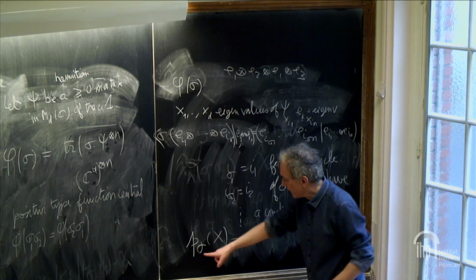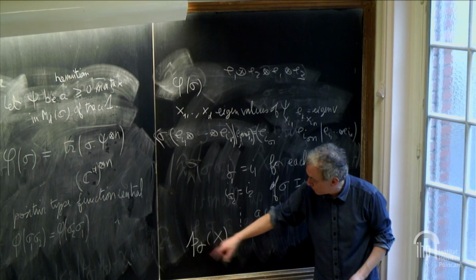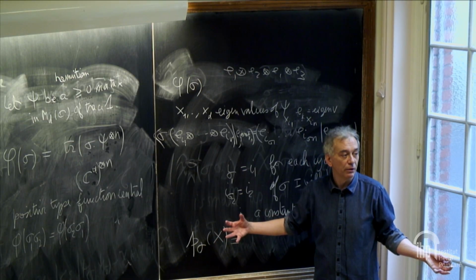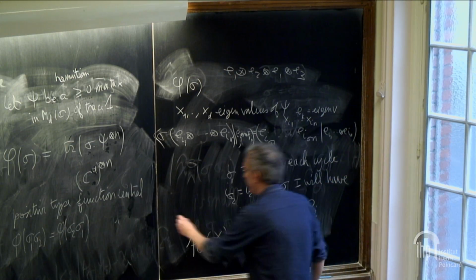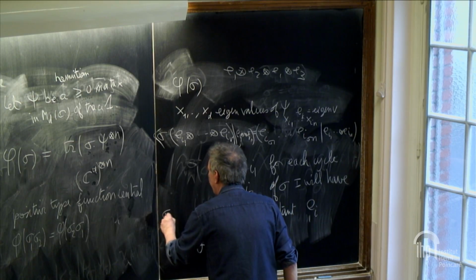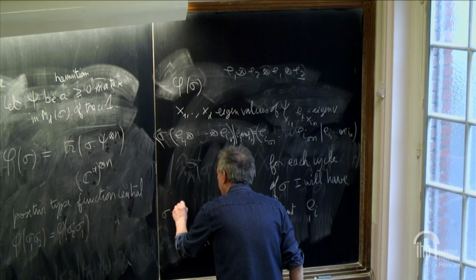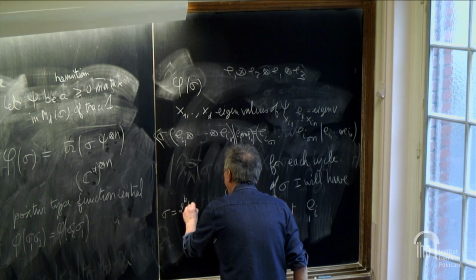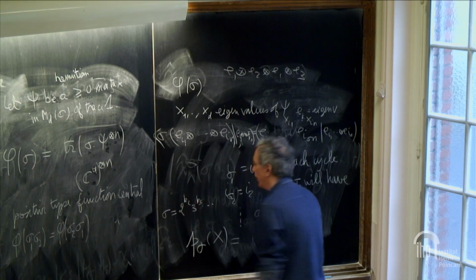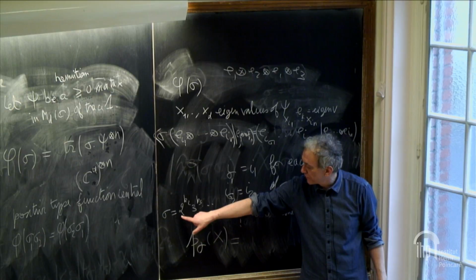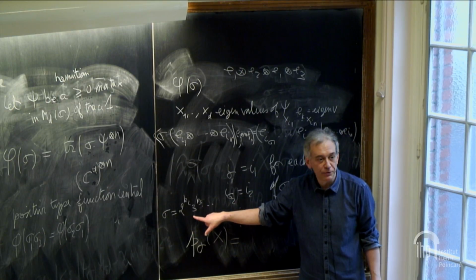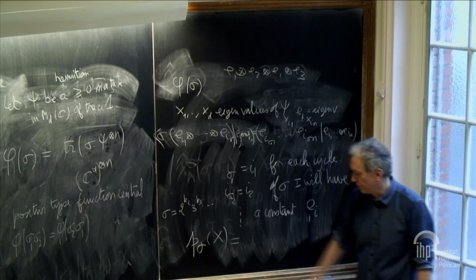What does this mean? I take the partition of sigma into non-trivial cycles. Say sigma is 2^k2 3^k3 etc. So there are k2 cycles of length 2, k3 cycles of length 3, and so on.